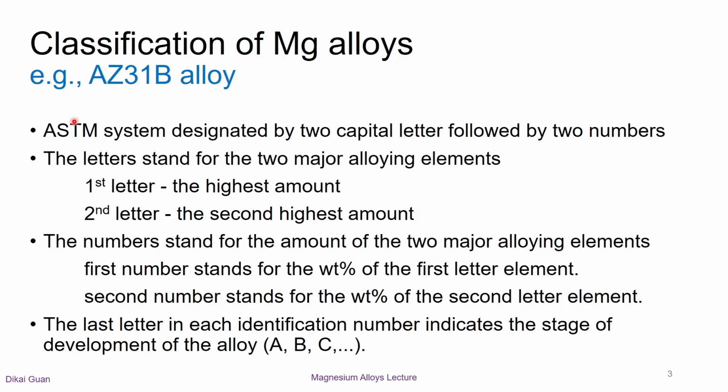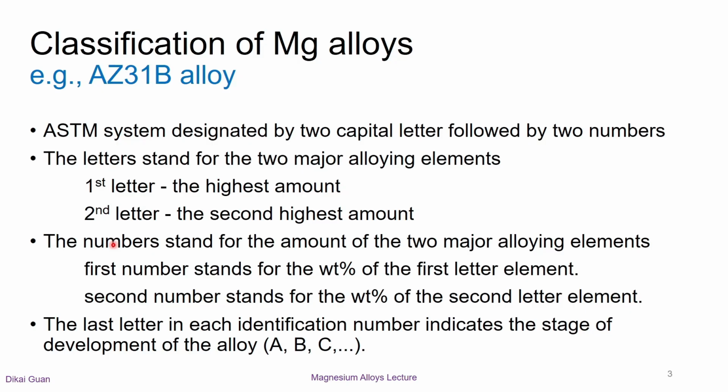Generally, the alloys are named with two letters, indicating the main alloy element, followed by two numbers, illustrating the nearest nominal weight percent of each of the two additions.